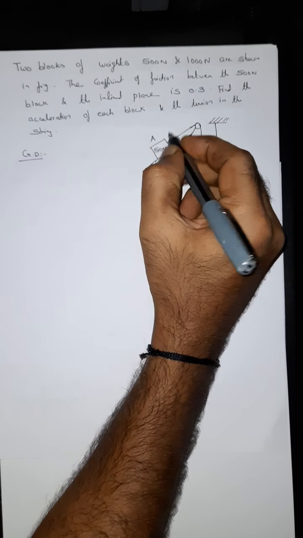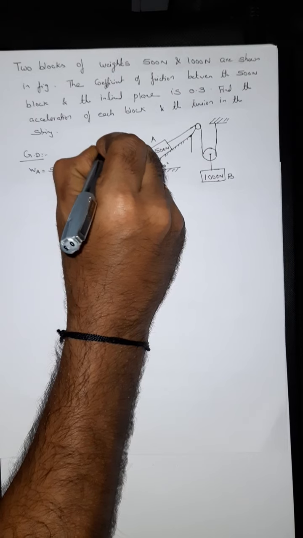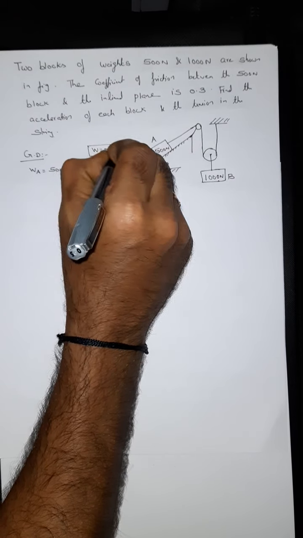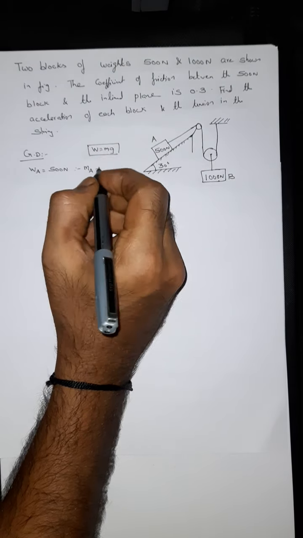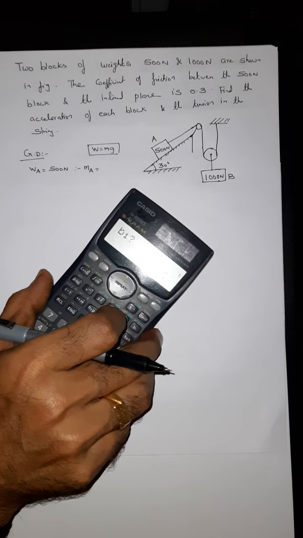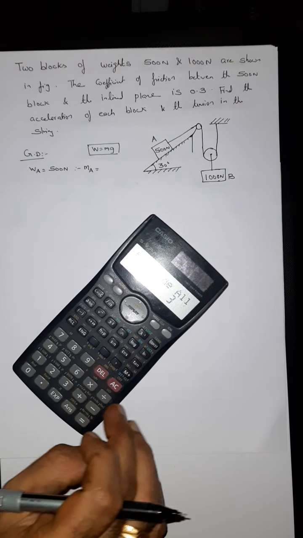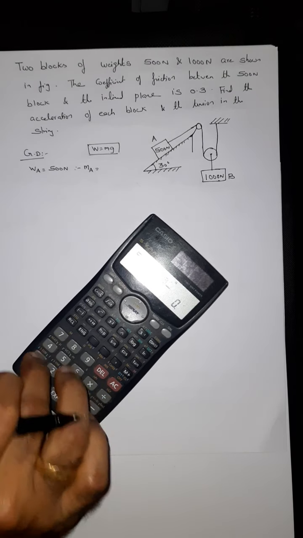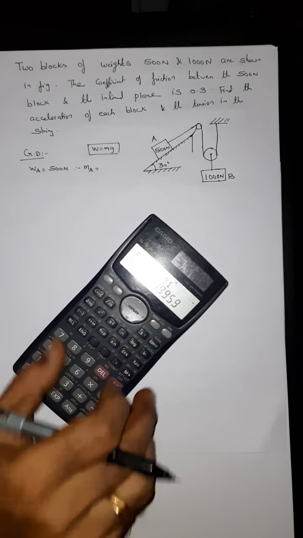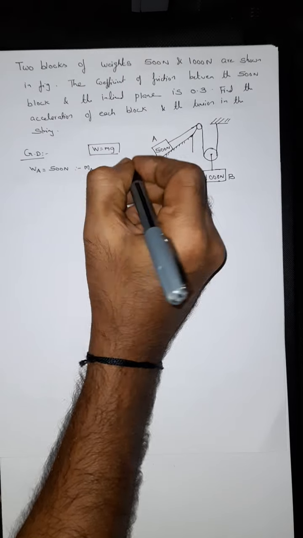WA equal to 500 Newton. Therefore, W is equal to mg. That's the formula of weight. So M is equal to W by g. So 500 divided by 9.81 is 50.97 kg.